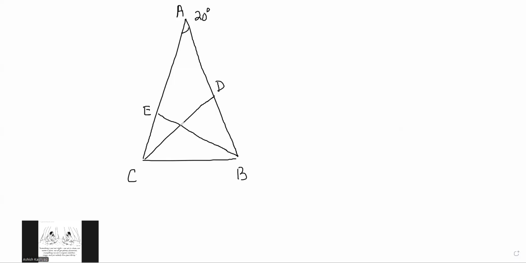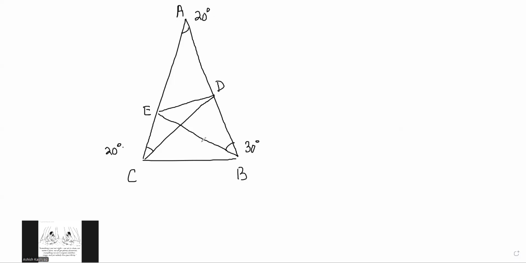And I know that angle ABE is 30 and this angle is 20. So I know basically AD is equal to CD, right? Yes, sir. Because this big triangle ADC is isosceles. I need to find the angle CDE.